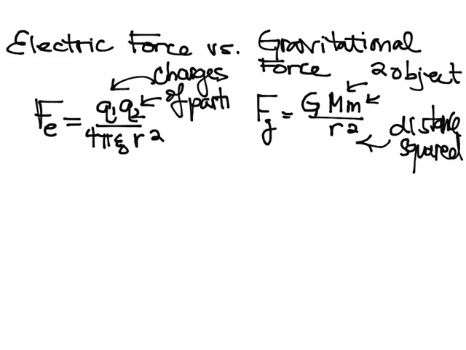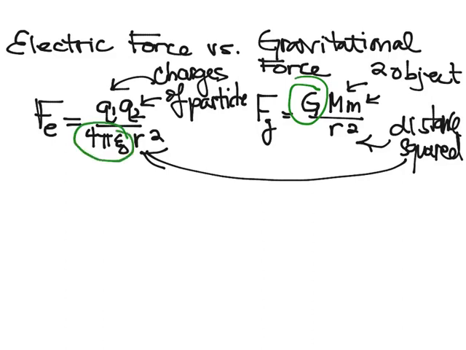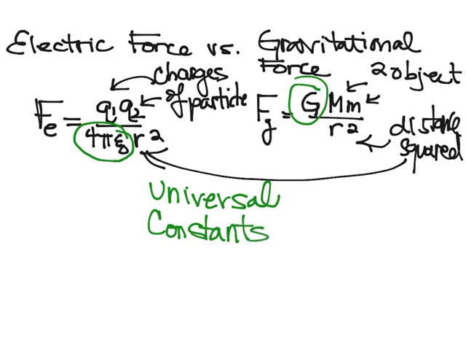So if you have a bigger charge on your particle, then you will have a bigger electric force. And just like in gravity, it depends on distance squared. Both of them have these universal constants, which are always a certain number. Don't worry too much right now about what those numbers are, it's basically just a number that always goes out front.